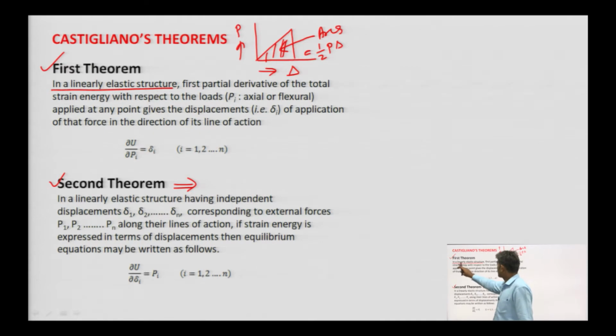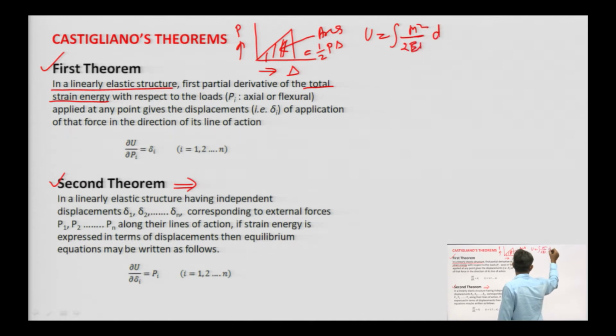So, within a linearly elastic structure, the first derivative of the total strain energy, as I explained in the last class, the total strain energy U for flexure is M squared upon 2EI into dx.